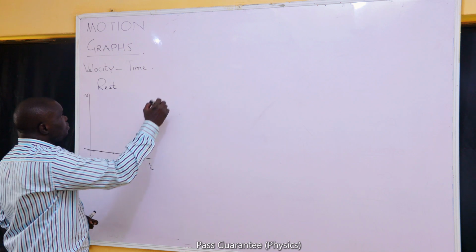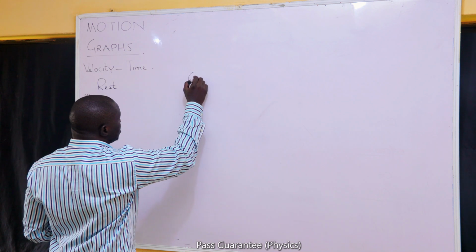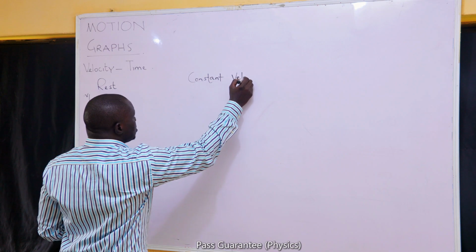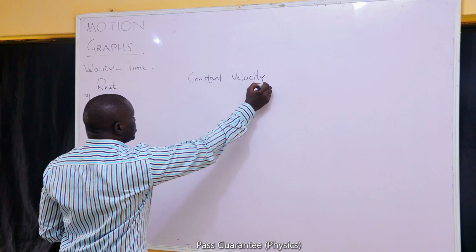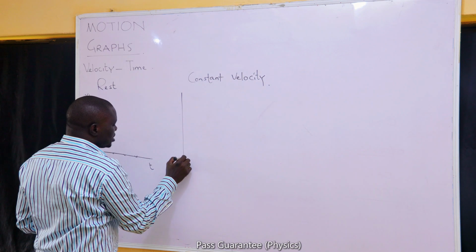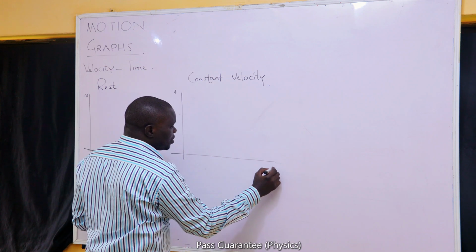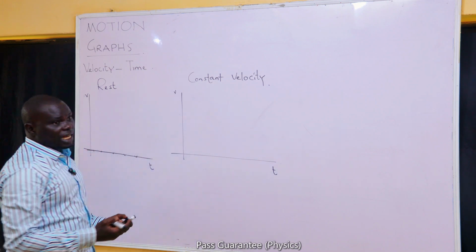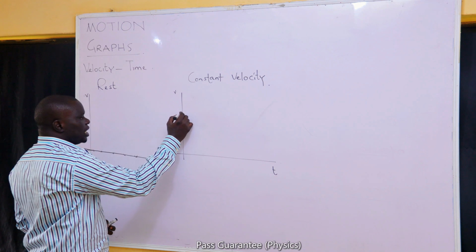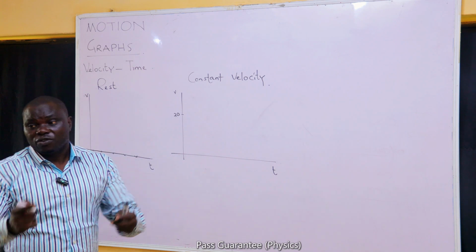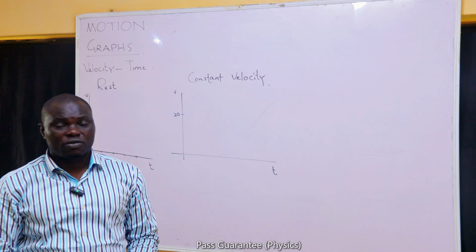When the object is moving with constant velocity, it simply means that the velocity of that object is constant. Let us assume that the body has a velocity of 20 and it was moving with that velocity for the whole of the length of the motion.